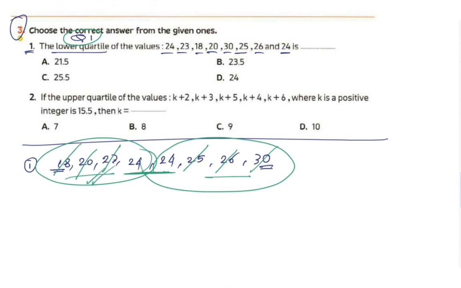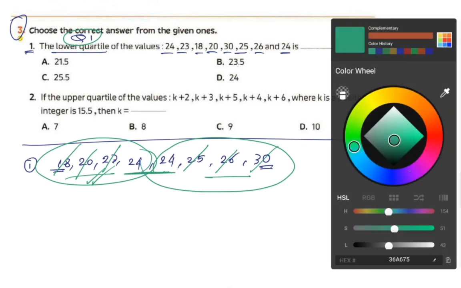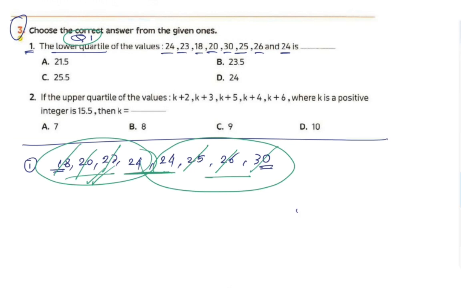I will work with the minimum numbers. Now I have 18, 20, 23, 24. To find Q1, I need to delete one from each side, the same number.